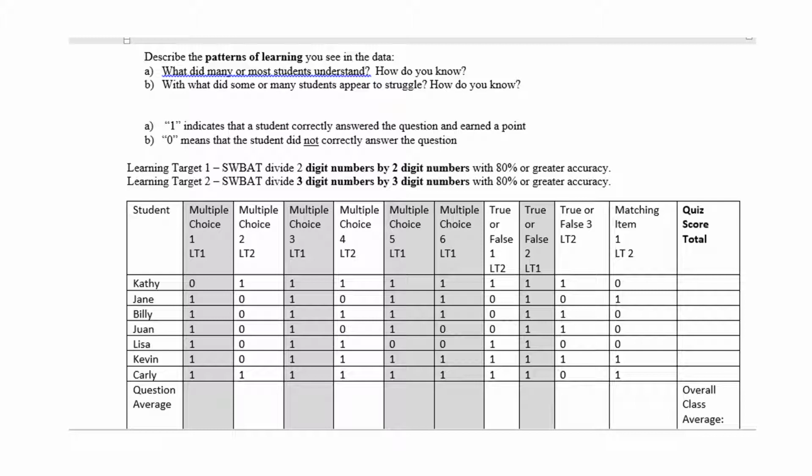Let's say that you had a learning target, student will be able to divide 2-digit numbers by 2-digit numbers with 80% or greater accuracy, and a second learning target where they did the same thing with 3 digits. So learning target 1 is about 2-digit division, and learning target 2 is about 3-digit division.